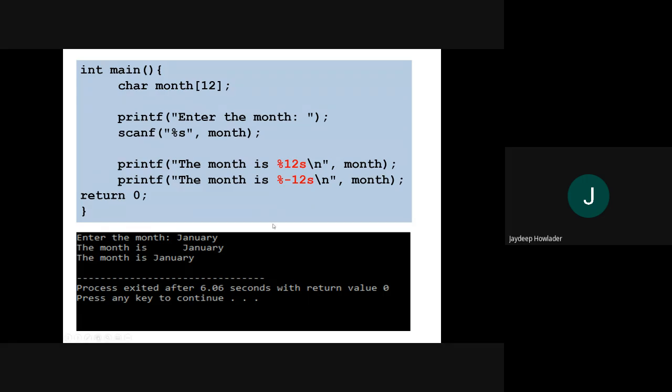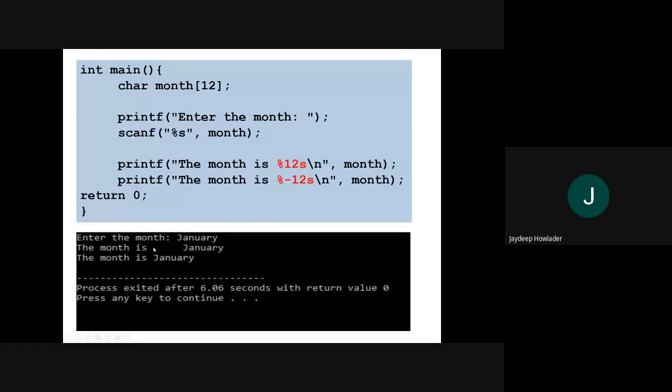Now the specifier which prints the string on the display, we can make it either left aligned or right aligned. If we write this as %12s, that means I want to fit my output in a width of 12 characters, and it is right aligned.